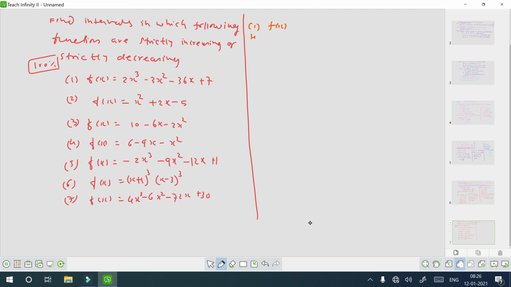f of x is equal to 2x cube minus 3x square minus 36x plus 7.